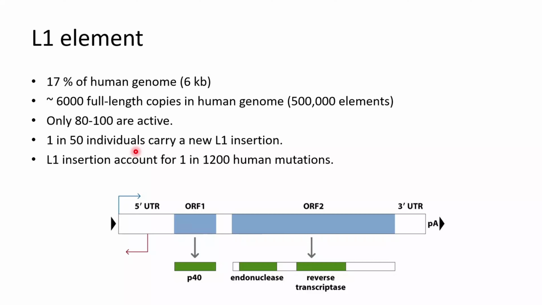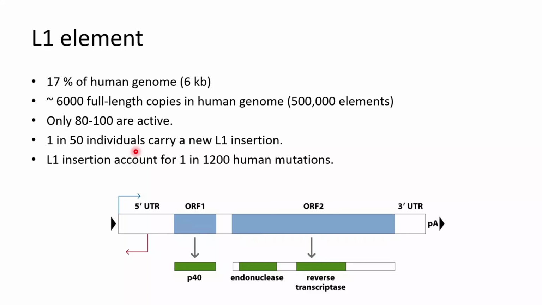So we'll talk about this at the end of the slides, but these are one of the main causes for human mutations, okay? In fact, the L1 insertion into different genes will lead to 1 in 1,200 human mutations.